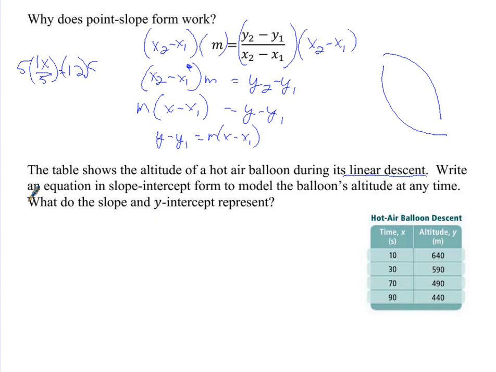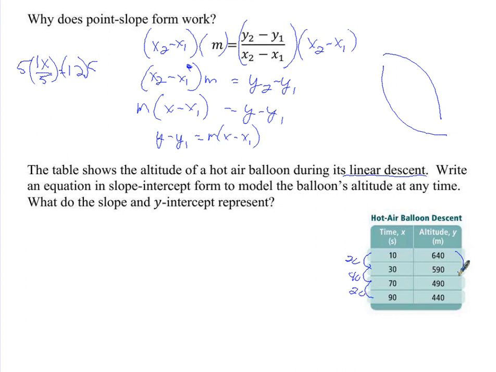So the first thing we're going to do is write the equation in slope-intercept form. In order to do that, I'm going to use the data here. Notice, how much do we change from here to here? 20. And from here to here? 40. And from here to here? 20.